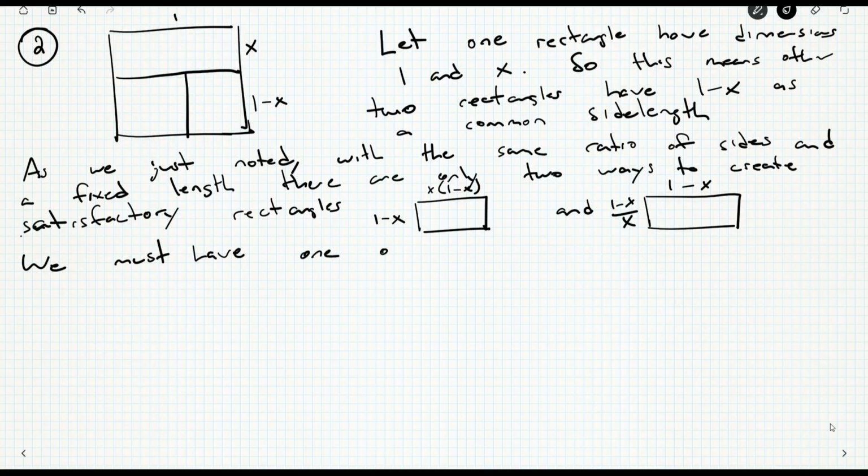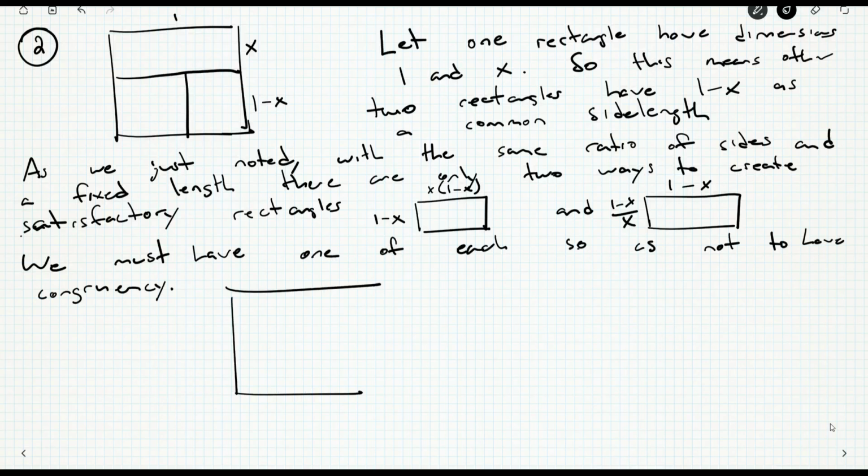We must have one of each, so as not to have congruency. So we get 1 minus x here, and then let's say x, 1 minus x here, and 1 minus x over x here.